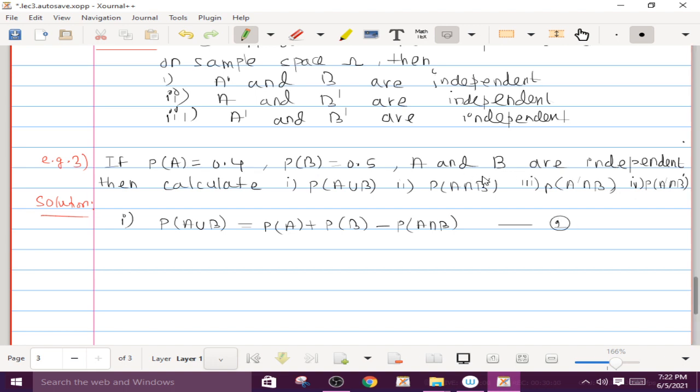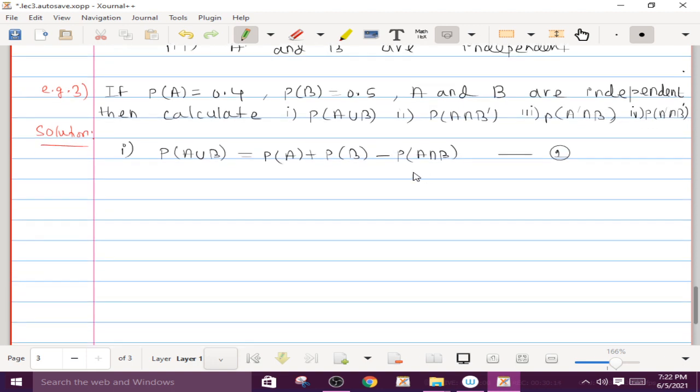But what is the condition? A and B are independent. So we can compute this probability of A intersection B. The probability of A intersection B is equal to probability of A multiplied by probability of B, because A and B are independent.